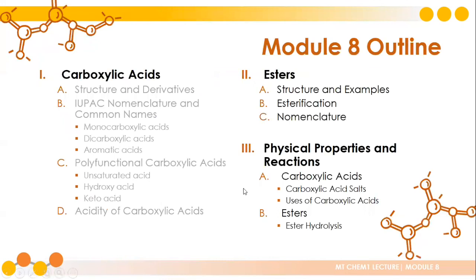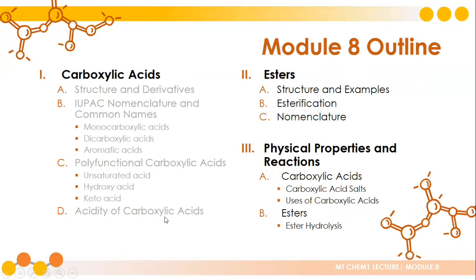We're now done with carboxylic acids. Again, let's have a quick overview of what we've already discussed. For carboxylic acids, we've discussed the structures and derivatives, the IUPAC nomenclature and the common names of monocarboxylic acids, dicarboxylic acids, and aromatic acids. Polyfunctional carboxylic acids are also discussed with some examples.